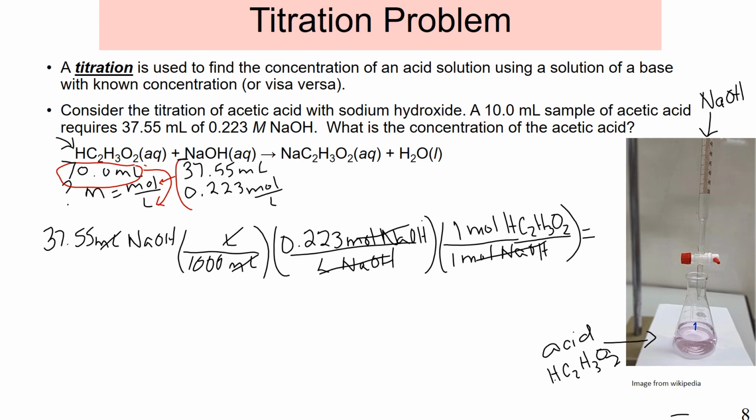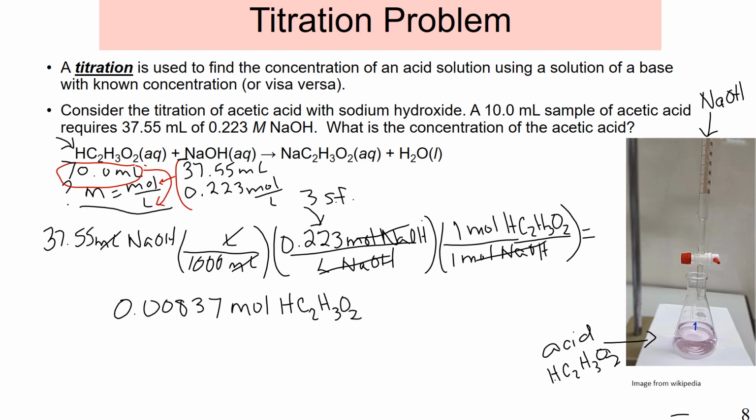So now I'm going to my calculator. 37.55 divided by 1,000 times 0.223 equals, and I get 0.00837, and that's keeping 3 significant figures, and that's what I have here, 3 sig figs, so I'm going to stick with 3 moles of HC2H3O2.